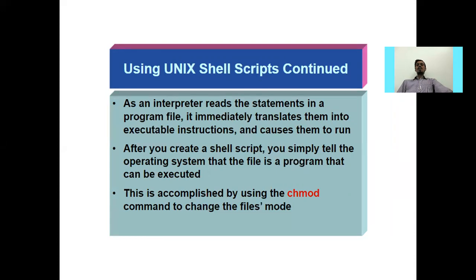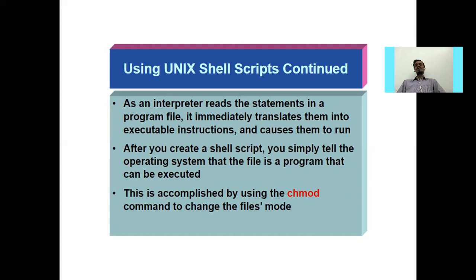After creating a shell script, we simply tell the operating system that the file is a program that can be executed. This is because the Unix shell works like an interpreter and we simply tell the operating system that the file is a program that can be executed.